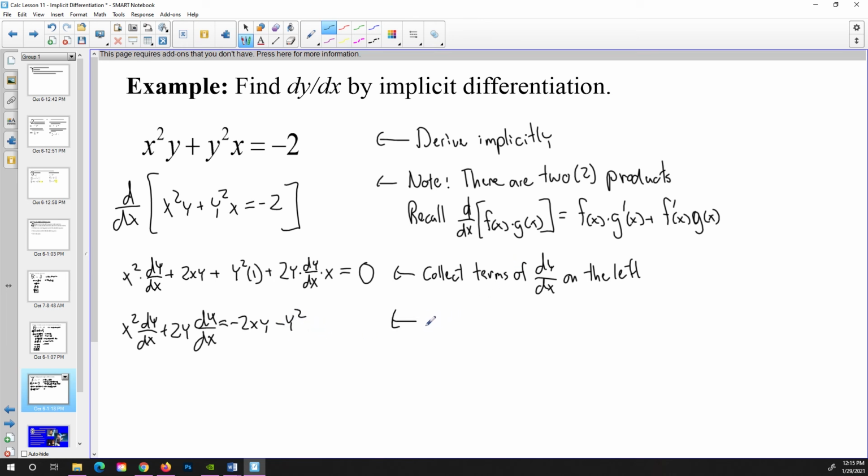So now I need to factor dy over dx from each term.